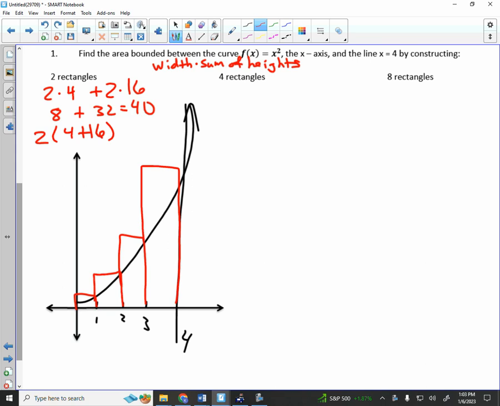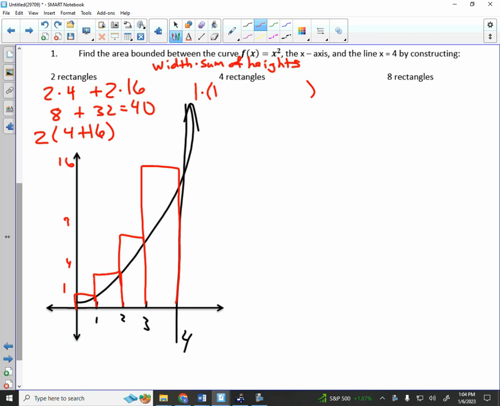So let's use our new formula. Instead of taking the width of each one, we just take the width times the sum of the heights. What is the width? 1 times, and now let's add up the heights. The height here is 1. Why? Because 1 squared is 1. What's the height here? 4. Here, 9, here, 16.